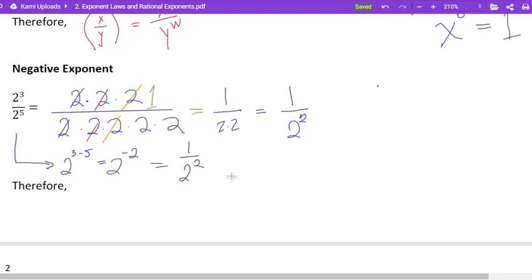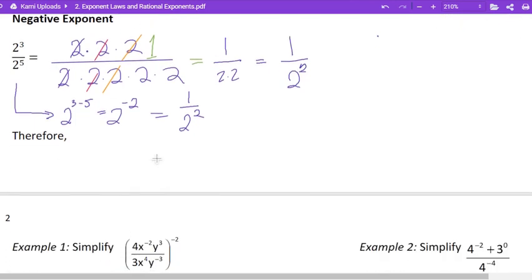Yeah, the negative implies a reciprocal. Okay. So this tells me that x to the power of negative y is going to be equal to 1 over x to the power of y.